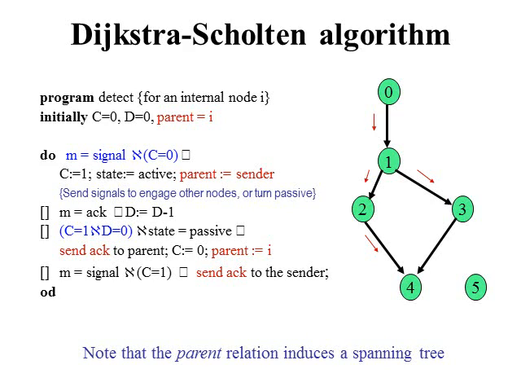So basically what is the process doing? It's going back to its initial state, where it started with C equals 0, D equals 0, parent equals I. So it's actually resetting itself to the initial state.